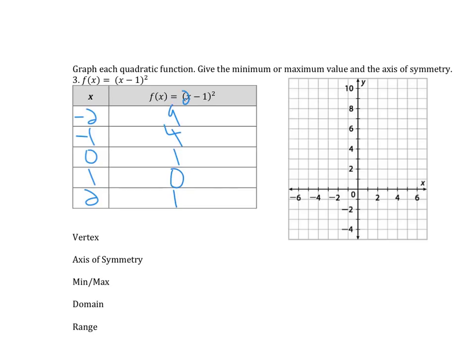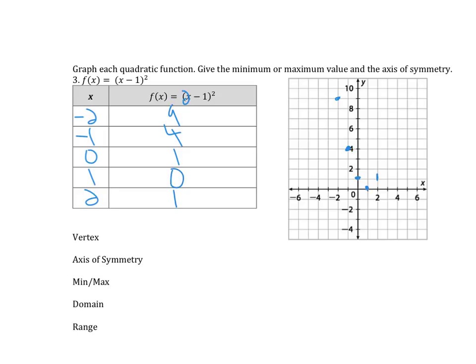So let's graph it and see what this looks like. -2 is 9. -1 is 4. 0 is 1. And then 1 is 0. And now 2 is 1.